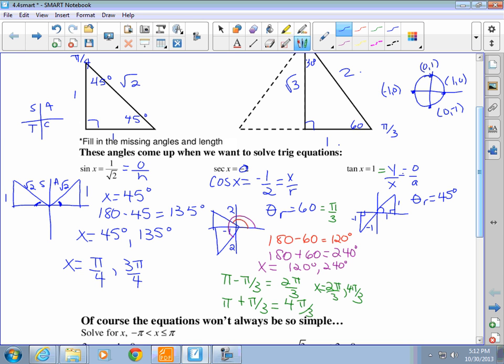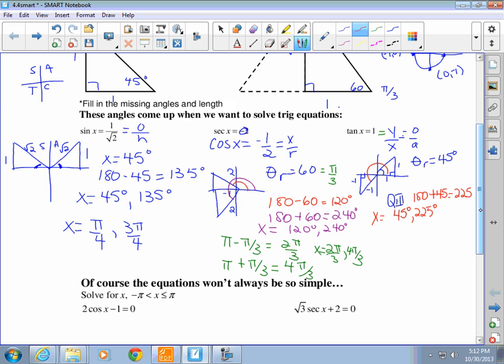So now I have to find my quadrant 3 one. I know that one is going to be 180 plus my reference of 45, so it's 225 degrees. So my two angles would be 45 degrees and 225 degrees.